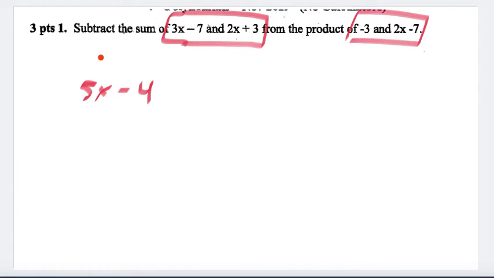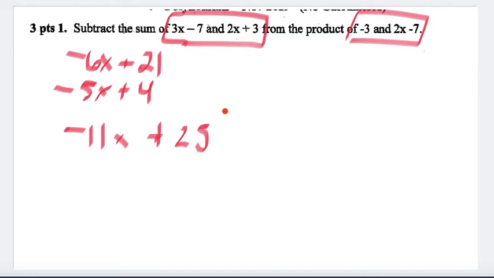So negative 3 times 2x is negative 6x. Negative 3 times negative 7 is positive 21. They want us to subtract this binomial from that, so I'm going to subtract and then add, right? Because you want to change the sign. Final answer, negative 11x plus 25. That's my final answer.